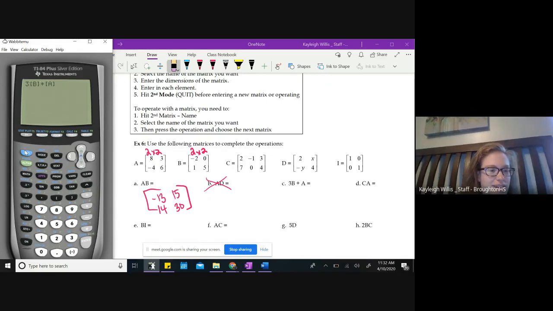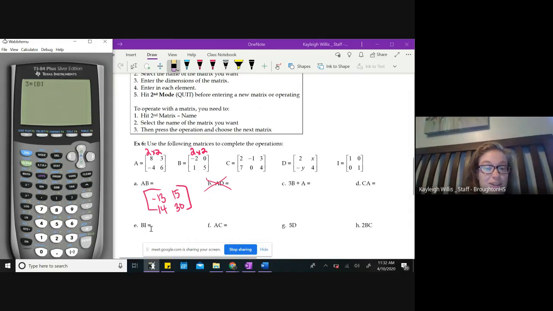So if I put in a times, I'm gonna clear it out, 3 times, but it doesn't matter. Like you don't have to, but you can.